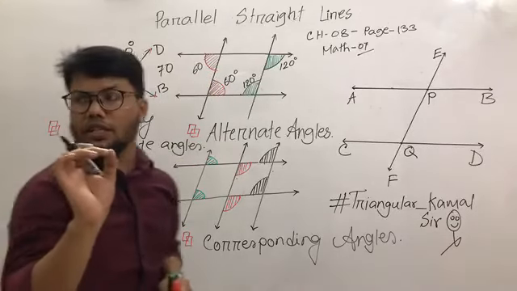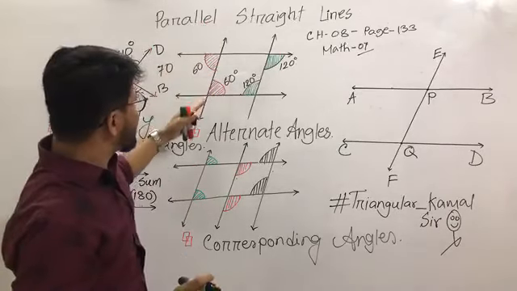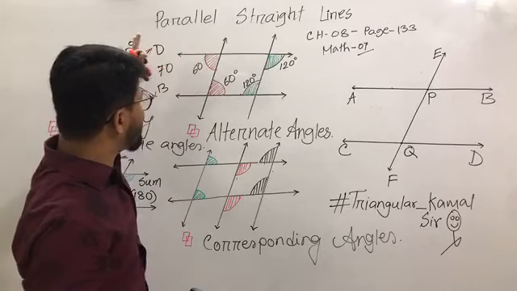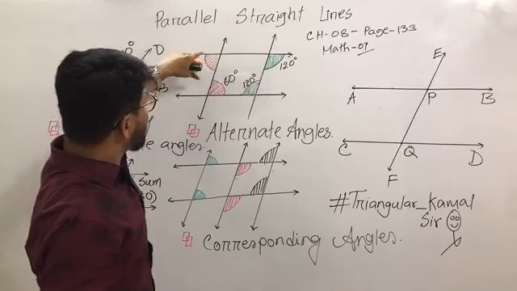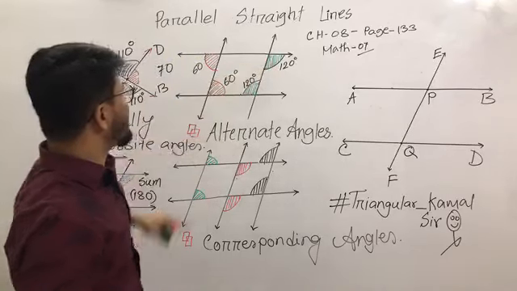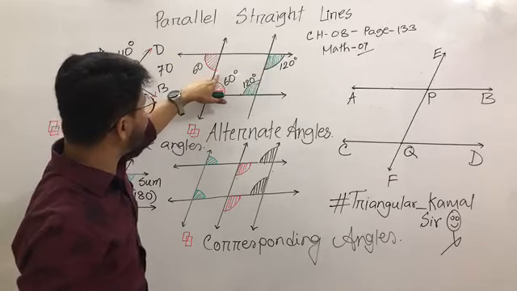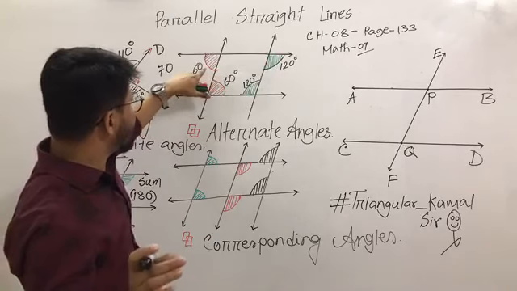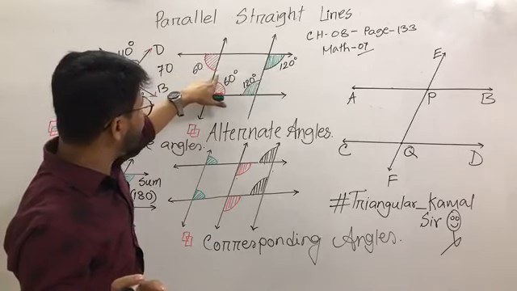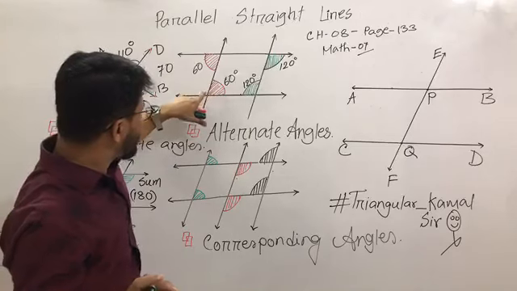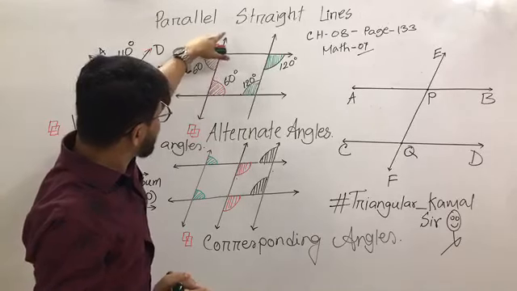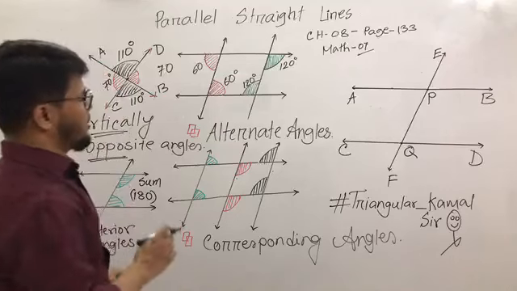So there are two characteristics: two sides of the transversal, left and right, and they are inside the parallel lines, and the two angles share the same transversal. This red color angle makes an angle with this transversal, and this angle also makes an angle with the transversal and the parallel line.